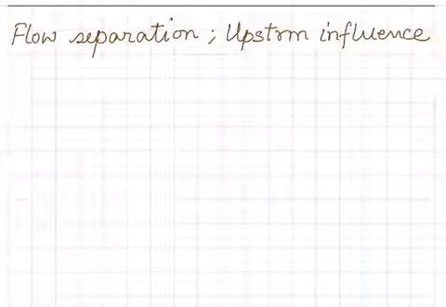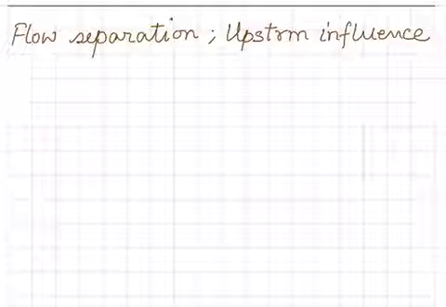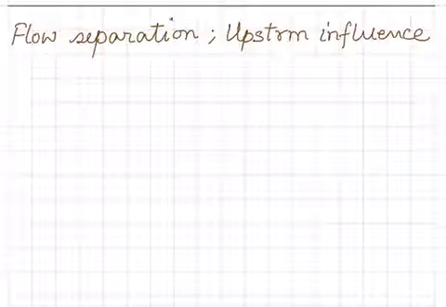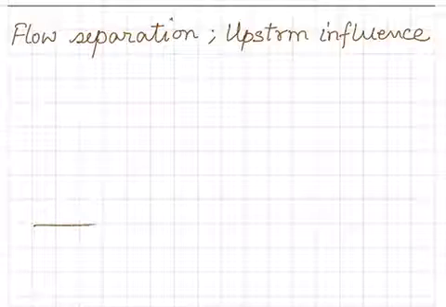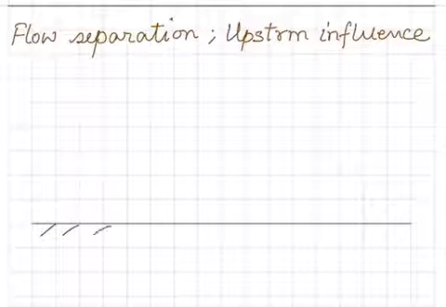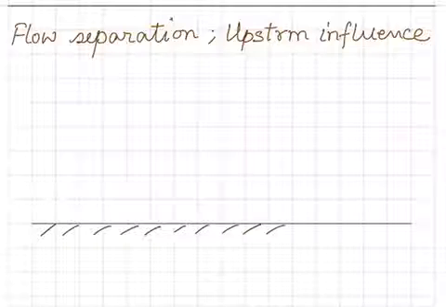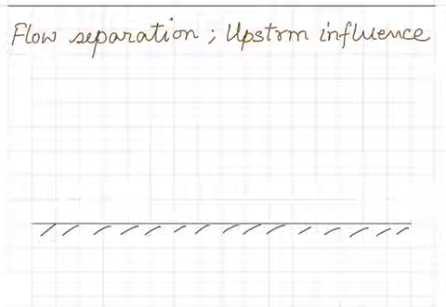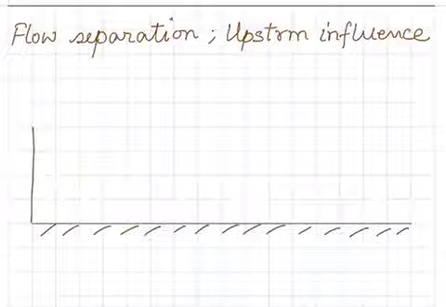So let me draw that. I need to make a bigger picture, so let me try it this way. Here is a magnified view of the plate, on which we have a turbulent boundary layer.